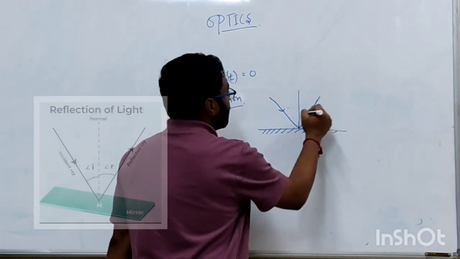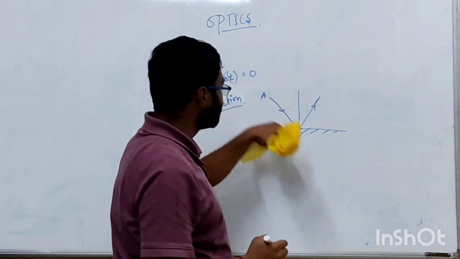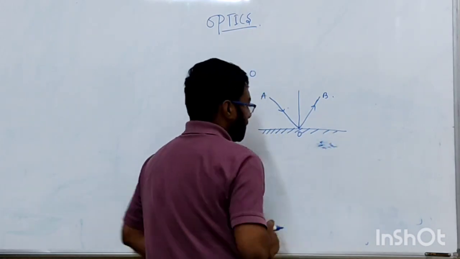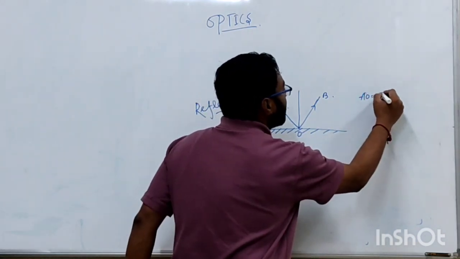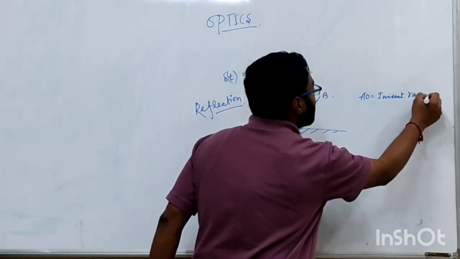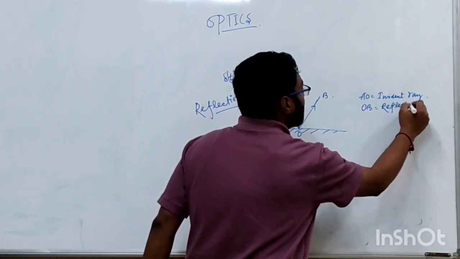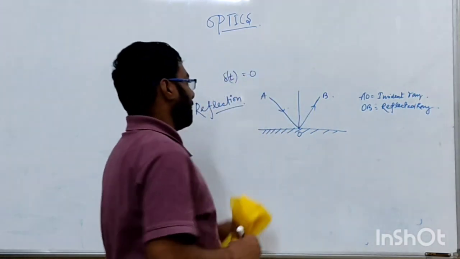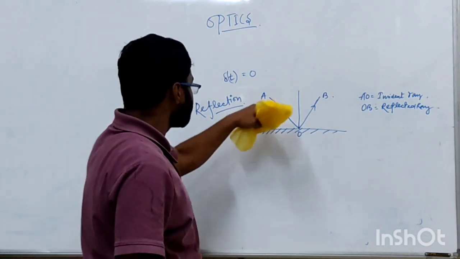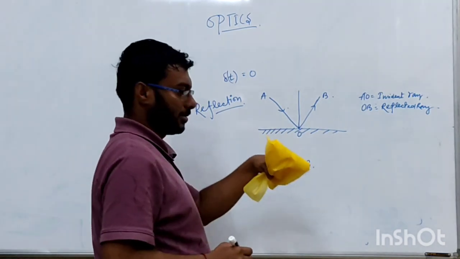So let us consider AO is the incident ray and OB is the reflected ray. And we have to prove that this path AOB should be the minimum path for the light to travel.